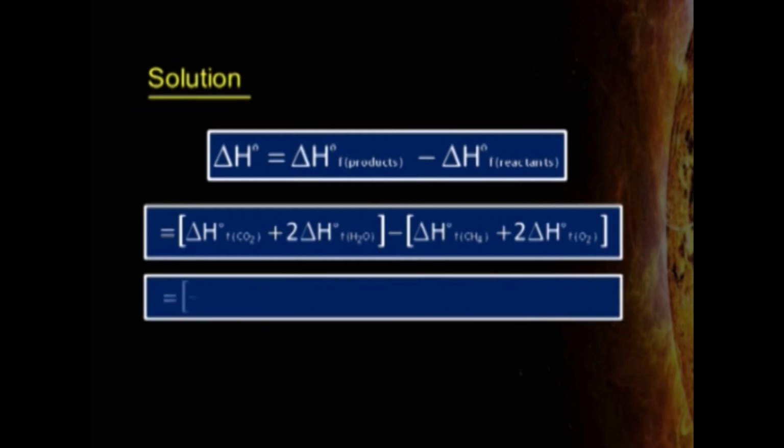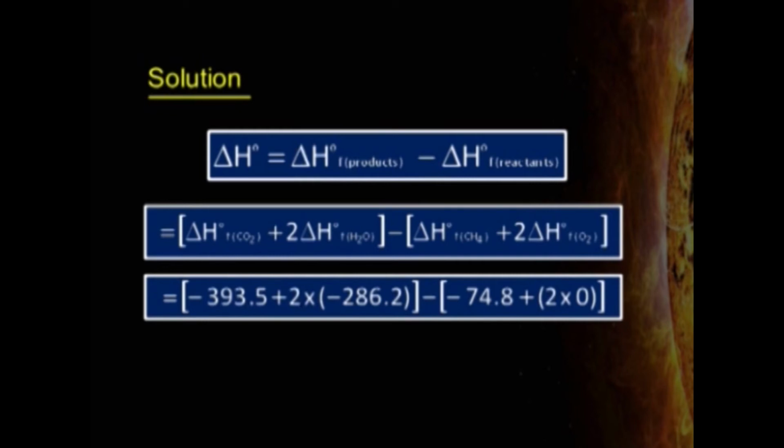You will get minus 393.5 plus 2 into minus 286.2, minus 74.8 plus 2 into 0. It is because the heat of formation of oxygen will be equal to 0. Therefore, delta H naught of reaction will be equal to minus 891.1 kilojoules.